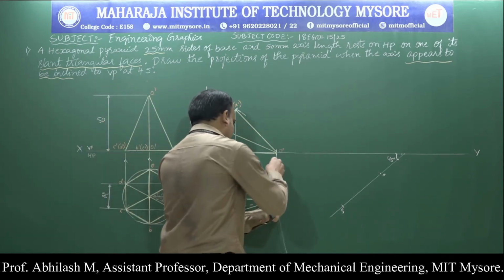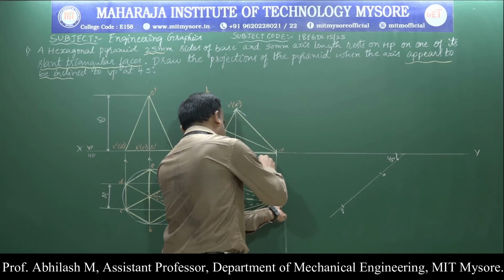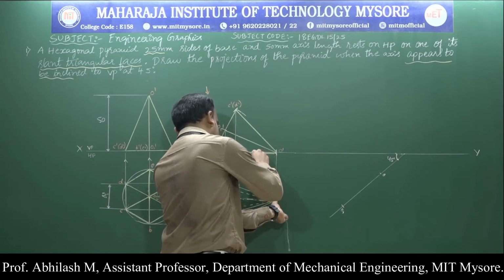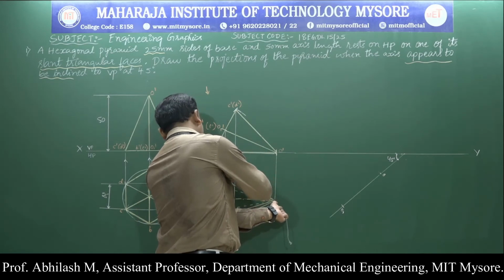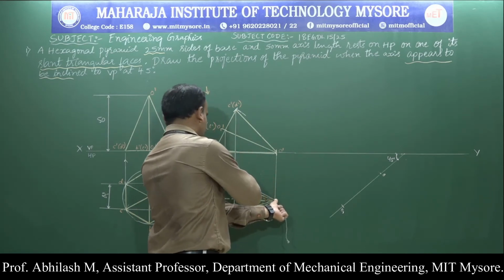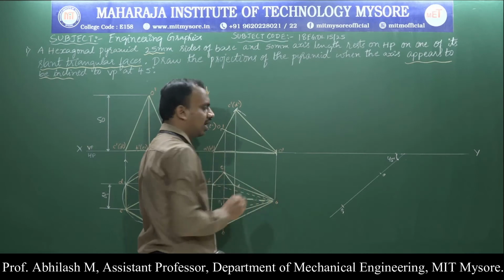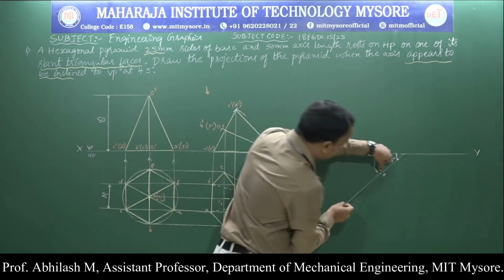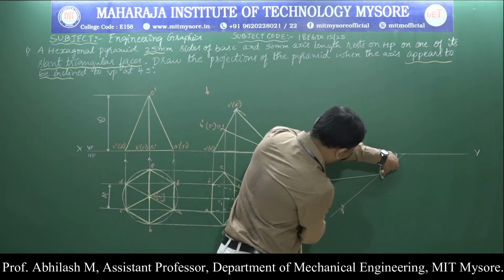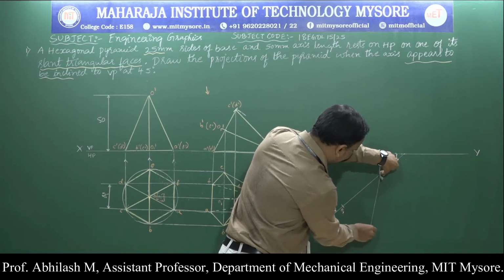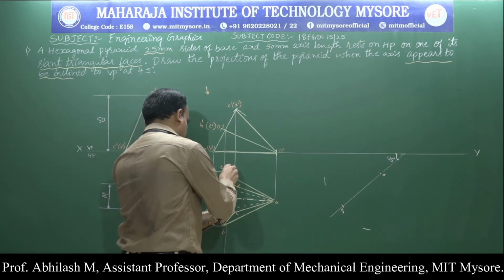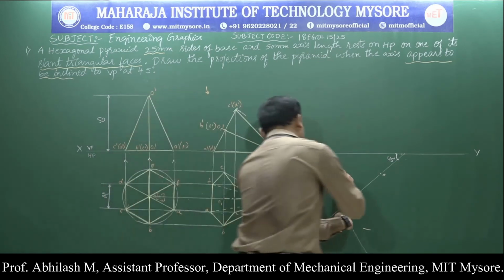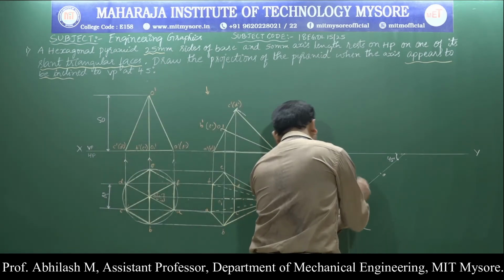So measure from the sides. If you measure from only one side, it becomes enough, because the other points will be the same. So O to E and O to B will be the same distance. If I measure from O to E, it becomes enough. Then from O1, in order to finish it, we are supposed to transfer it.